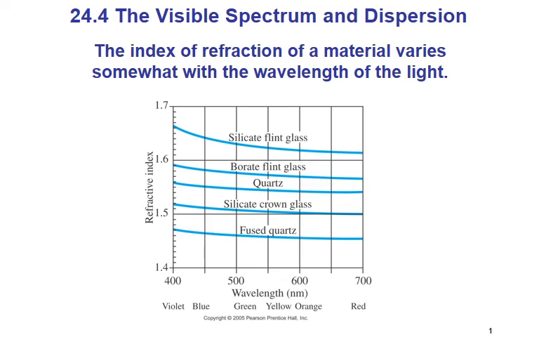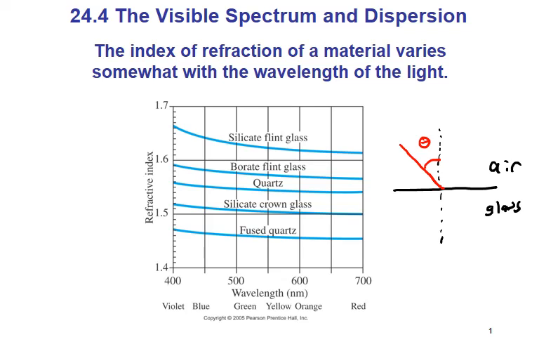So if we look at this table here, this is a table for different types of glass and quartz. Let's say we've got air, and then we're going into silicate flint glass. Let's say you have red light coming in at some angle theta.